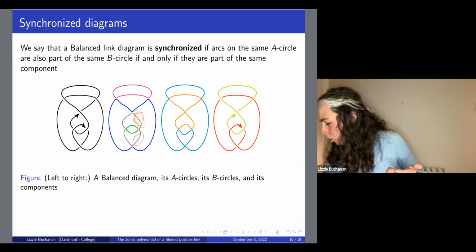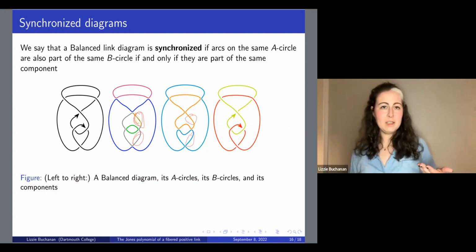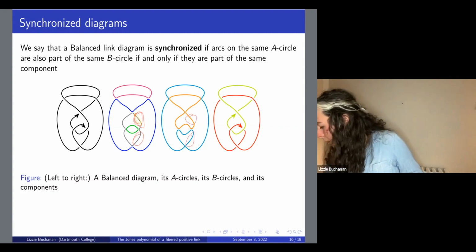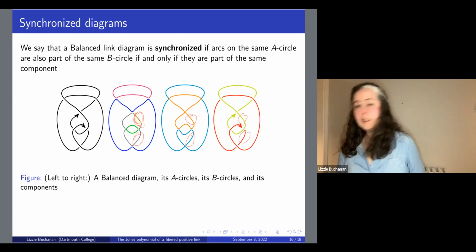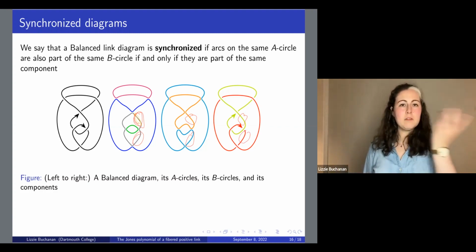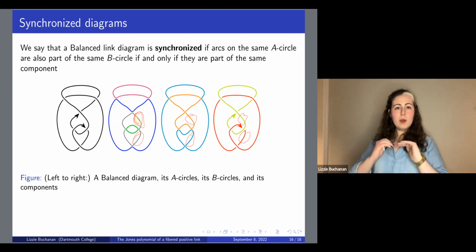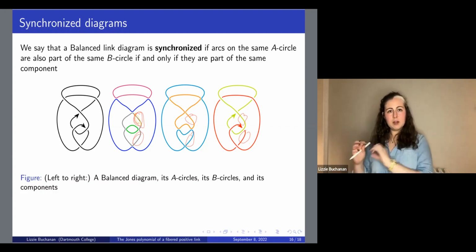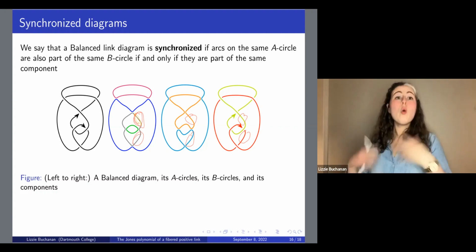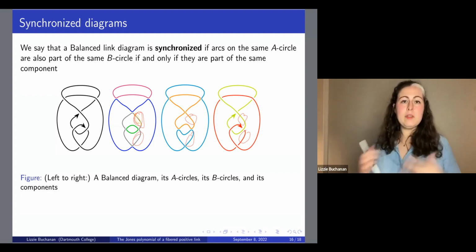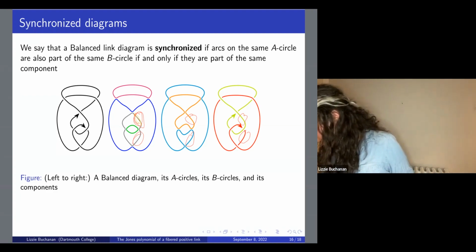And they are part of different B circles, and they are part of different link components. And if I had chosen any other pair of arcs that are part of the same A circle in this diagram, I would have seen the same thing. Either they would both be part of the same B circle and part of the same link component, or they would both be part of different B circles and different link components.